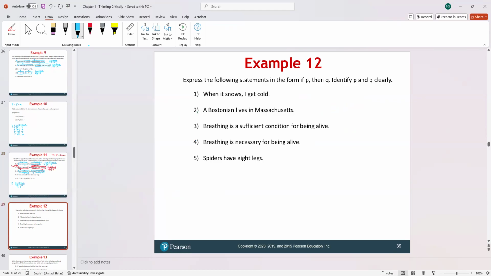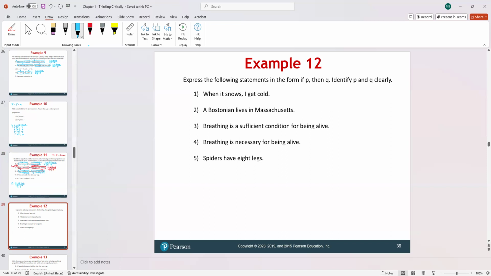We can go over another example very quickly where we would ask you to express the following statements in the form of if P then Q and identify P and Q clearly. So what they ask you to do here, as I said, what is P?